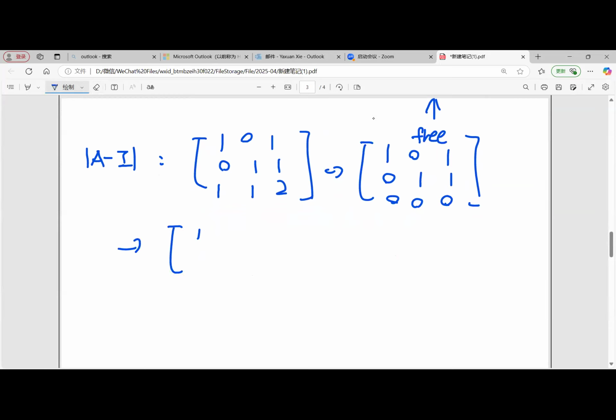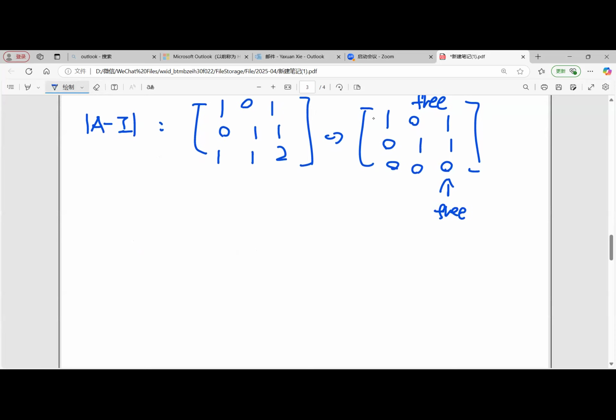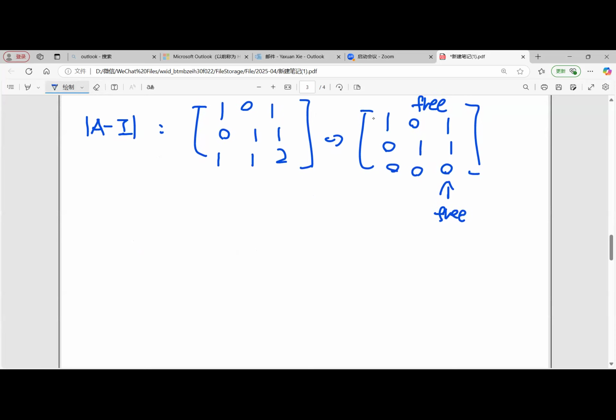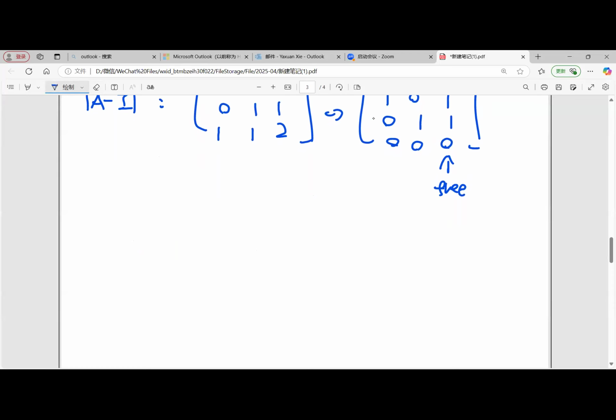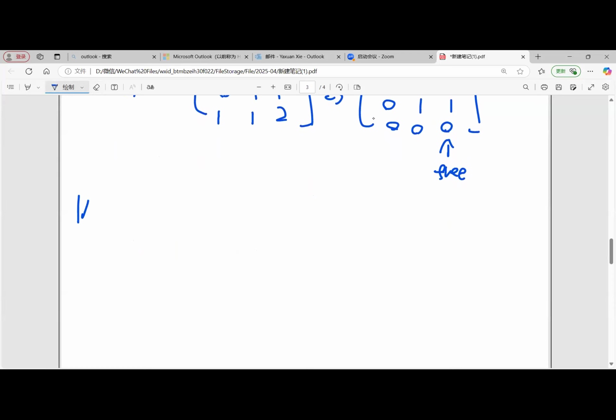And then we'll get 1, 0, 0, 0, 1. Oh, wait. I'm sorry. I apologize. Okay, so this one is the free one. And we can also know the geometric multiplicity for eigenvalue 1 is also 1. And then A minus 4I.